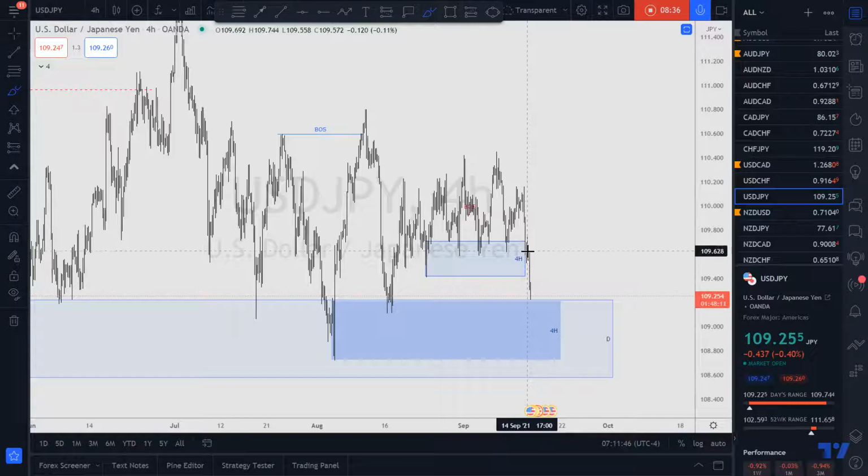Hopefully the sellers will hand off to the buyers and not hold on to the command of this market and take price deeper into this daily bullish order block or beyond it.